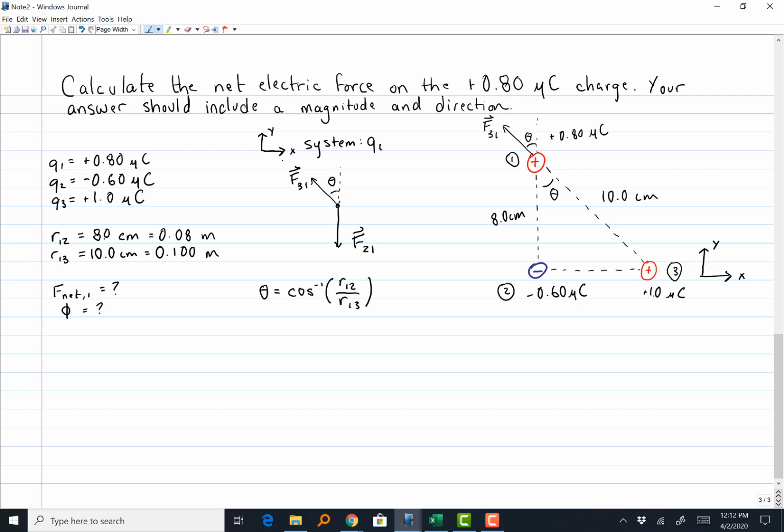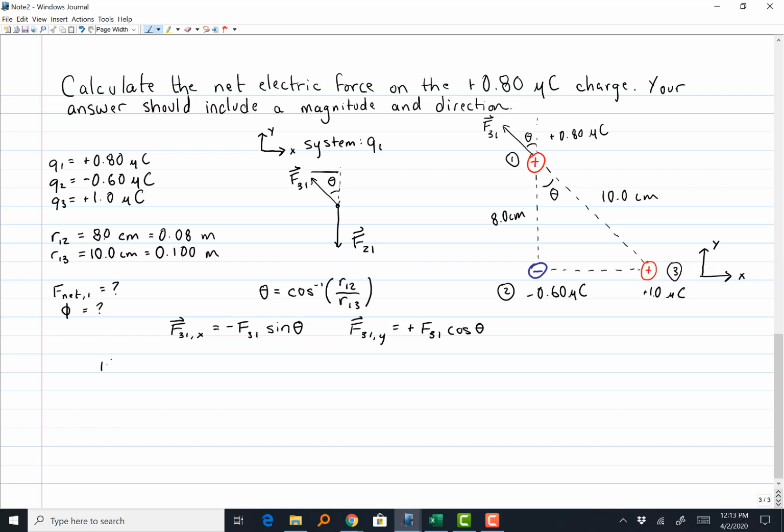Alright, so that angle is going to help me get the individual components of this force. So my x component of my force I can find with the magnitude times the sine of theta. The x component is going to be the sine of theta, and then the y component will be a positive magnitude times the cosine of theta to get my y component.